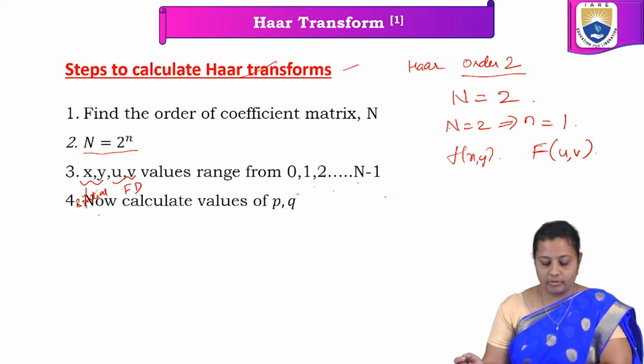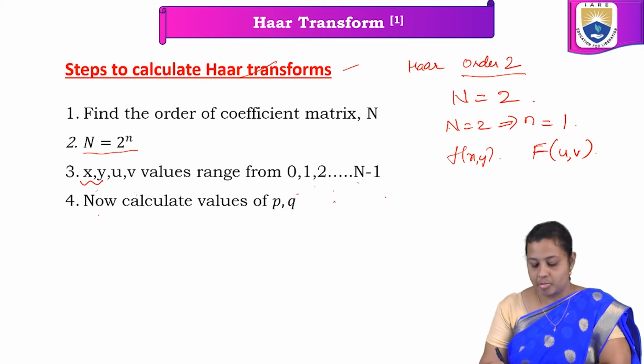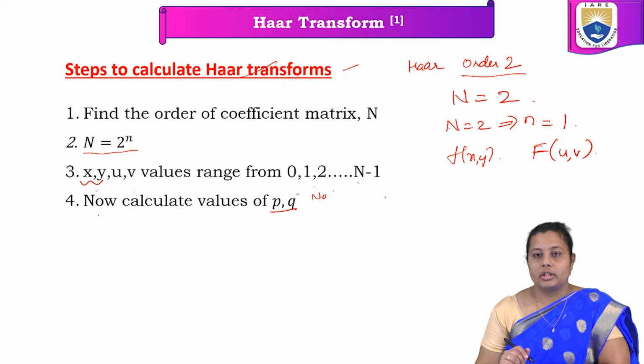The next thing we have to do is calculate the variables P and Q. These P and Q values define the number of rows and the number of columns in our Haar transform. So what are these values?